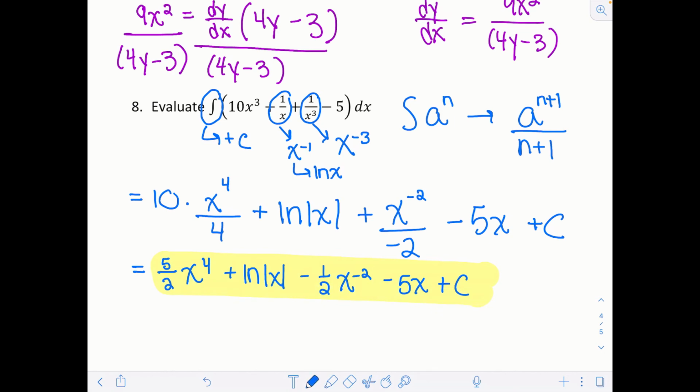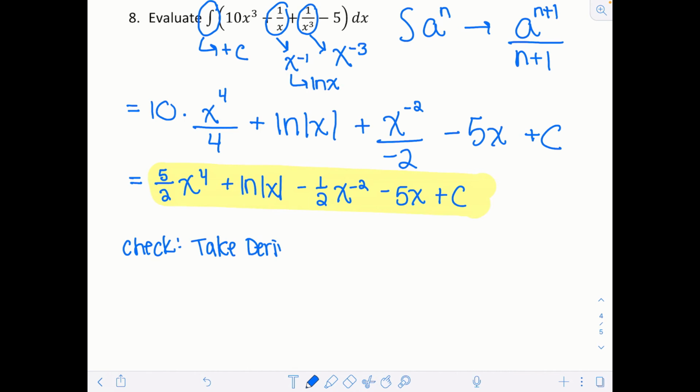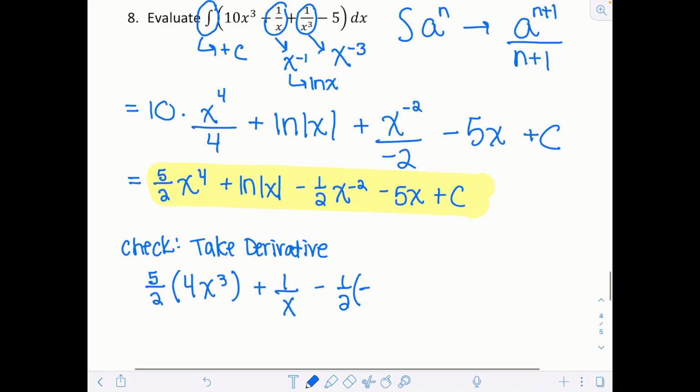But I had mentioned checking your work. If you want to check your work, the way you can do that is take the derivative. So, 5 over 2 times the derivative of x to the 4th, which is 4x cubed, plus the derivative of ln of x, which is 1 over x, minus 1/2 times the derivative of x to the negative 2, which is negative 2x to the negative 3, minus 5.